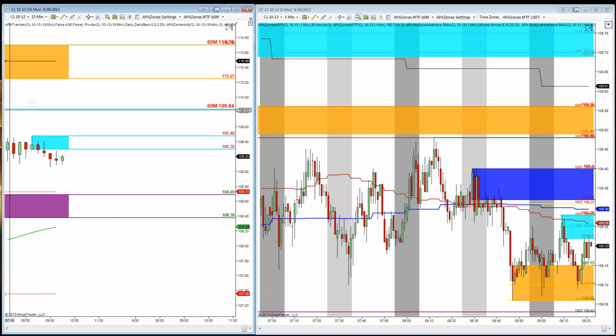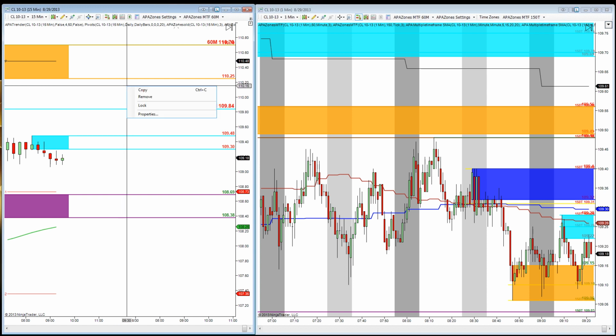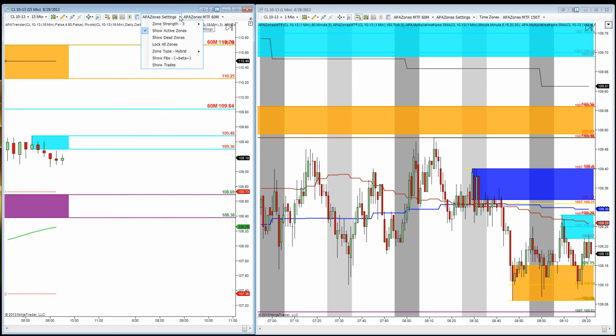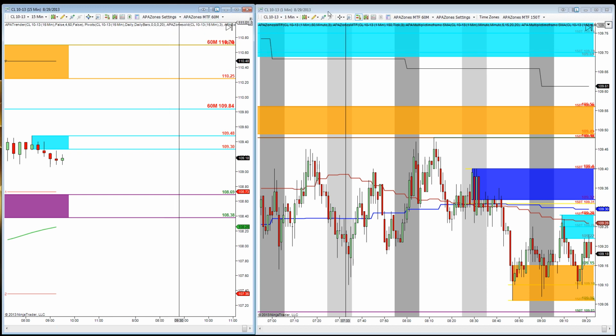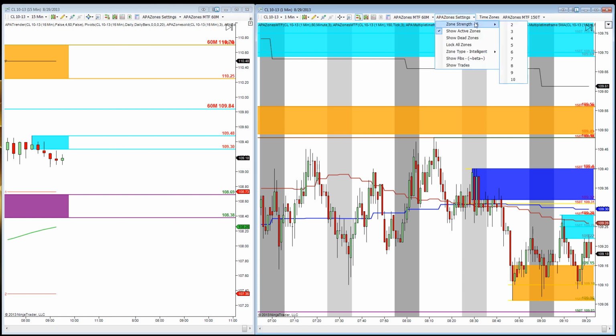And you can put the zone strength as high as you want to in the indicator settings. On the drop down panel, we only make it go from, actually that's the old version here. On the ones that you guys have, it goes all the way to 10, but you could actually push it up to 20, 30, 40, 50, whatever you wanted to do there.